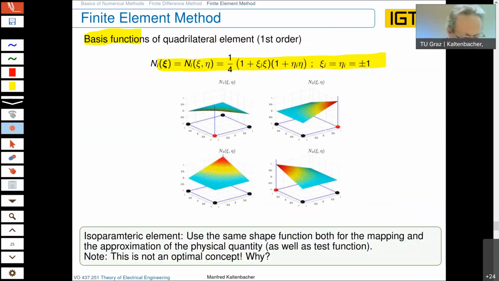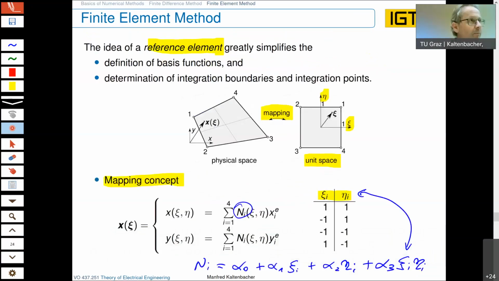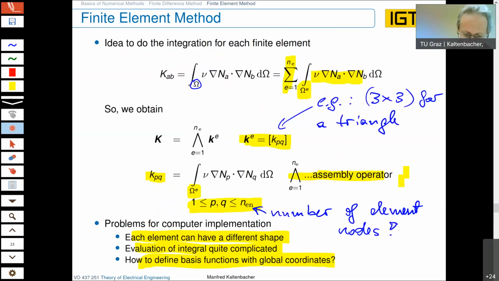Okay, so you see we now get this mapping between the physical space and the unit space. And this mapping is the key point, because what do we have to do? We have to evaluate such an integral.